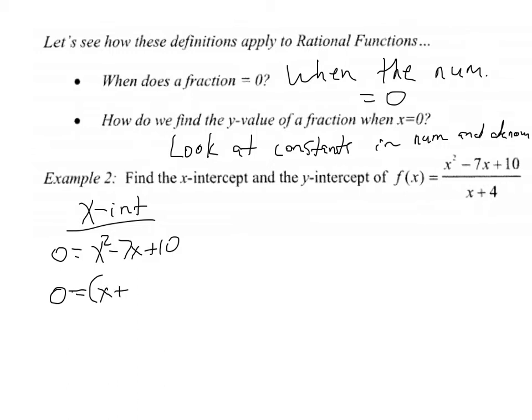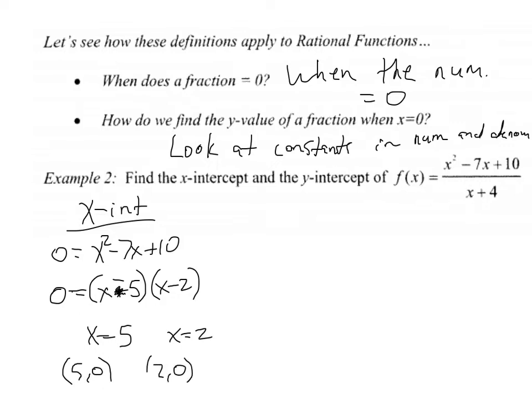That would be a minus 5 and a minus 2, which means either x minus 5 has to equal 0 or x minus 2 has to equal 0. For the first part, x could be 5. For the second part, x could be 2. And then my answers would be 5, comma 0, and 2, comma 0. Those are my x-intercepts, where y equals 0.